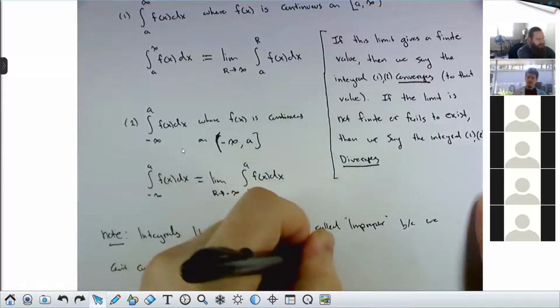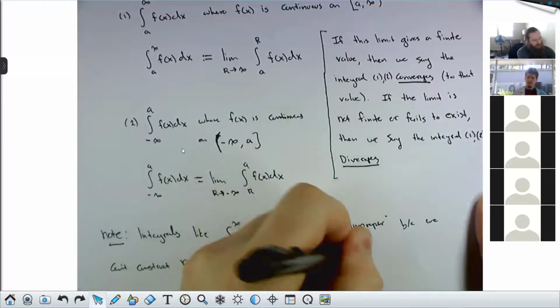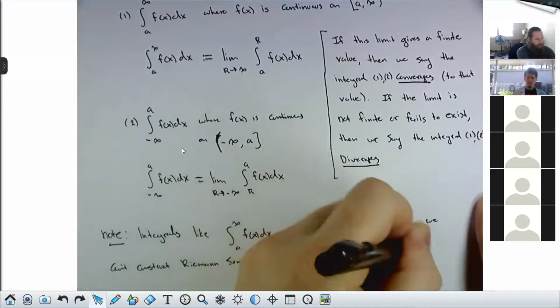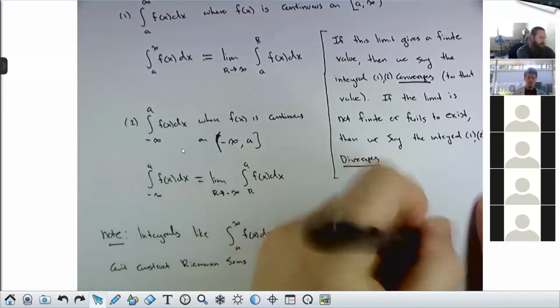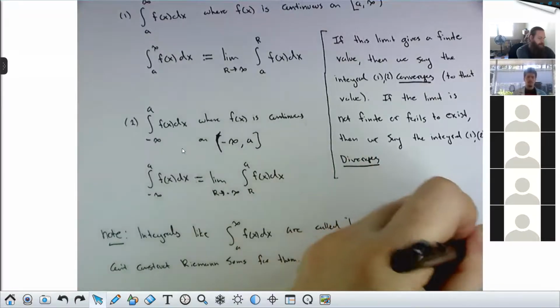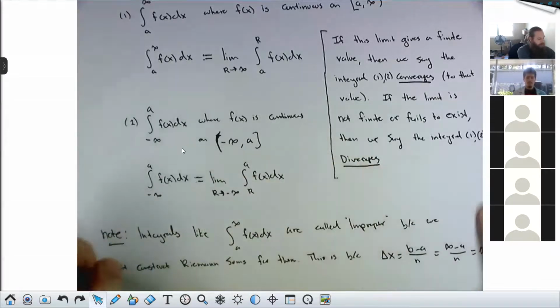This is because delta x for any such Riemann sum would be b minus a over n, which would be infinity minus a over n, which is infinity.